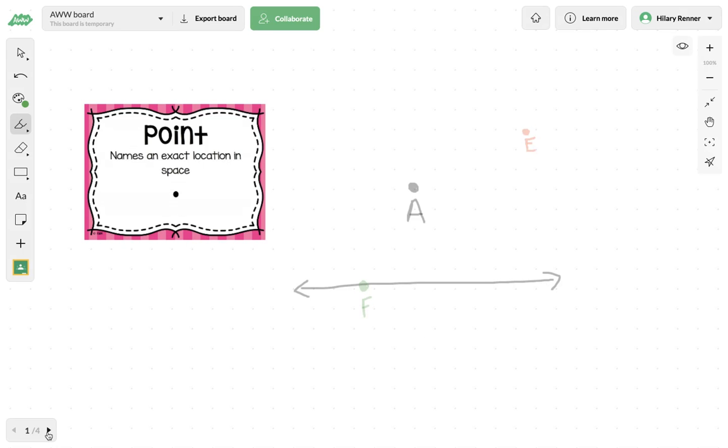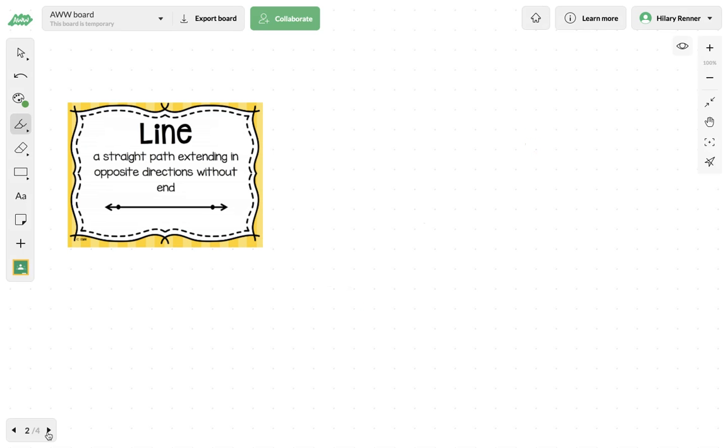I hope it does. All right, the next type of geometric figure is a line. A line is probably what most of you are familiar with. It's a straight path which extends in opposite directions without an end. So it can go up and down, left and right, but it goes on and on and on forever in both directions. There is no end point.